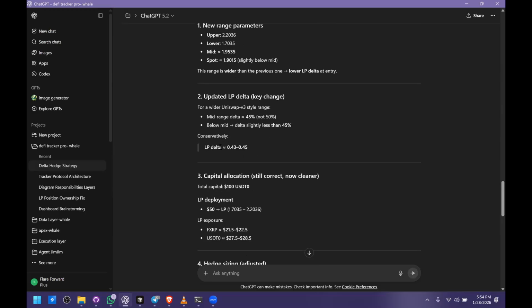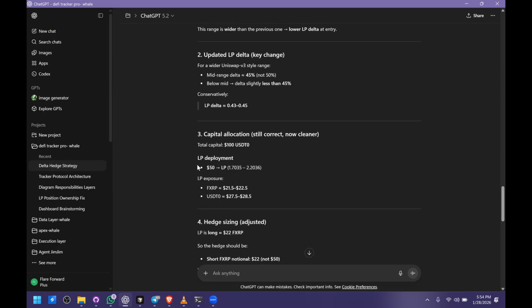Yeah, this is the part that I'm not exactly sure what it means. So we're going to see. So the LP deployment is going to be... I think this should be inverted.